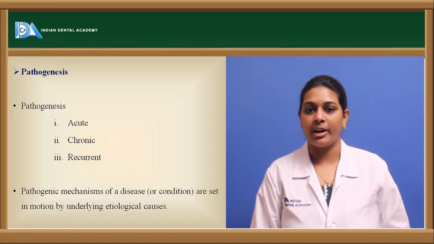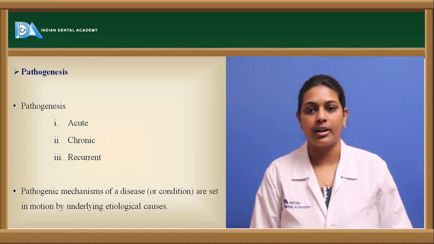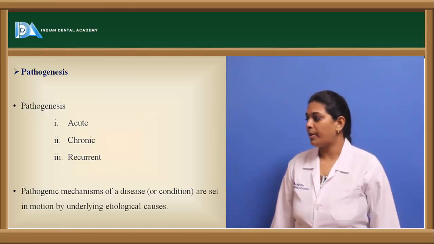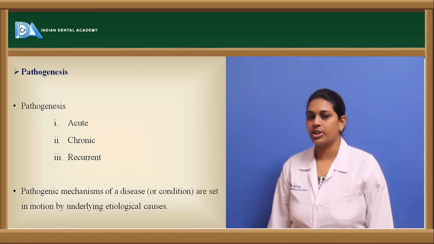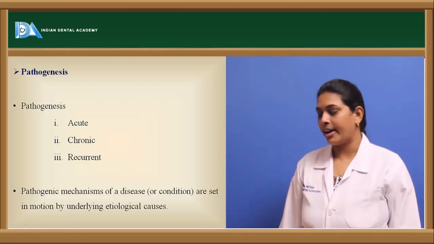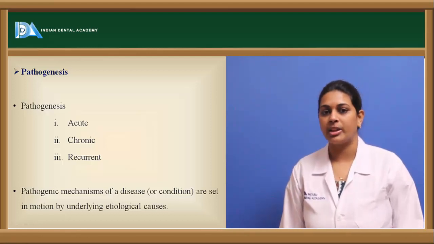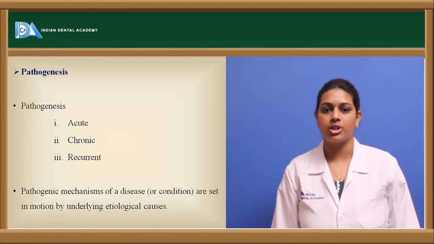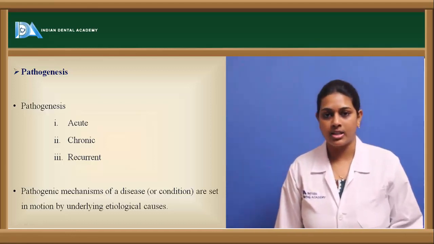That is, a patient might be cured of a disease once, but it recurs after a relapse. So the pathogenic mechanism of a disease or condition is set in motion by underlying etiological causes. So the main reason for pathogenesis to take place is the etiological cause, that is, it requires a perfect etiological agent for it to reach a disease state.